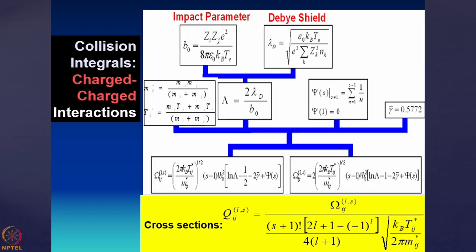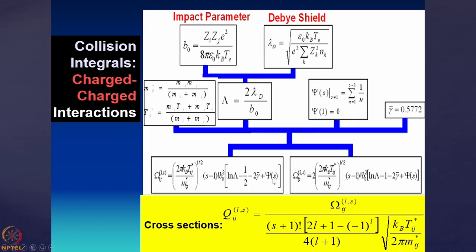Earlier this was pretty complex, but now there is one model we have developed where you can express these collision integrals in a very closed form like this one. This cross section comes from the integral, as I have already told you that they are related. Once you know this parameter for different kinds of species, then you can calculate the collision integral for charge-charge interaction very easily.